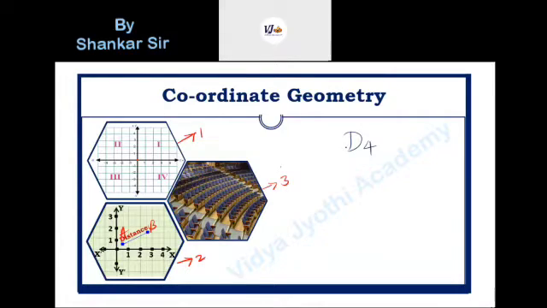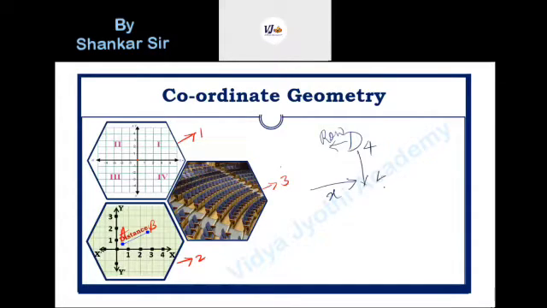Students, what is the meaning of this? Did you see this seat number? D4. D is the row, which is like the x distance here, and 4 is the column.